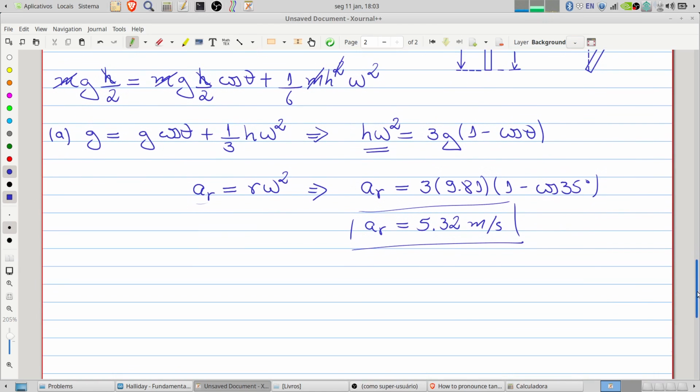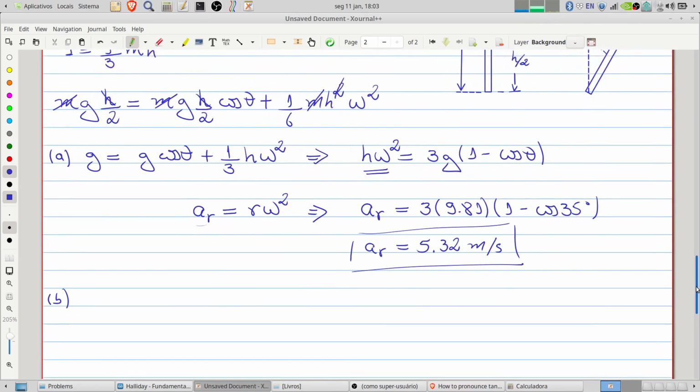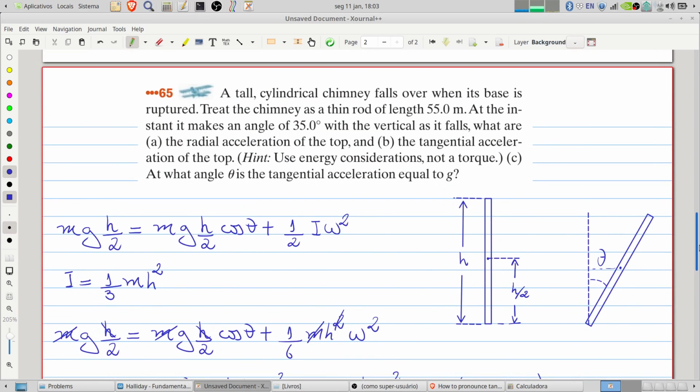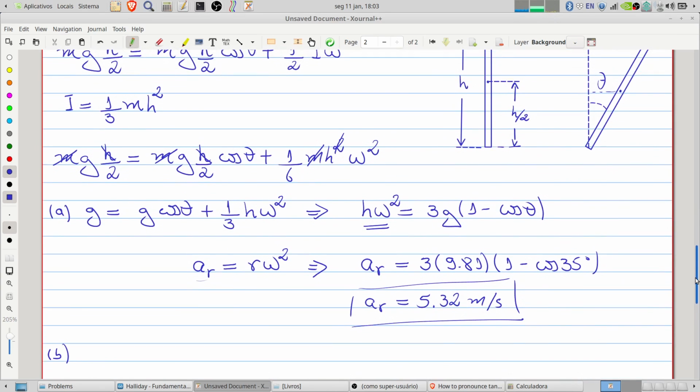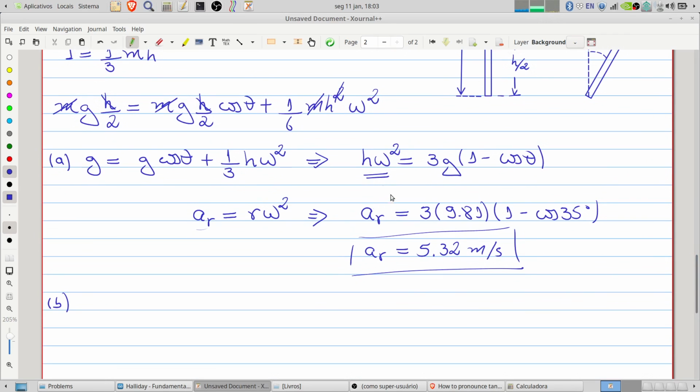Now item B. We want to know the tangential acceleration of the top. Okay, let's start with this equation. This equation relates the angular velocity with an angle theta.